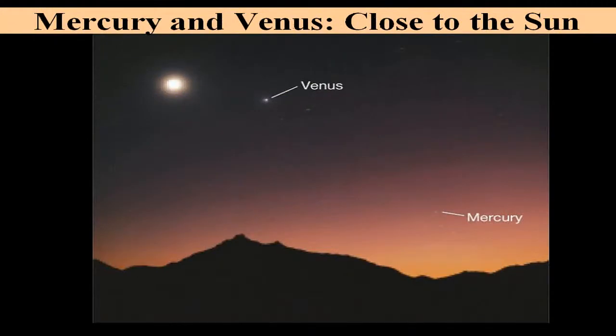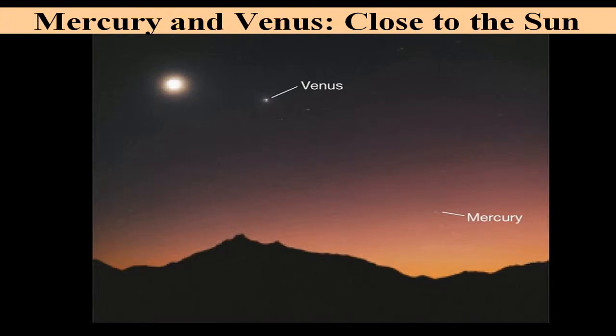Here's a picture of the Sun, Mercury and Venus, and as interior planets, inferior to the Earth, Mercury and Venus can only be found relatively close to the Sun. So if you're looking for those planets, you would not find them necessarily in the middle of the night long after the Sun has set.